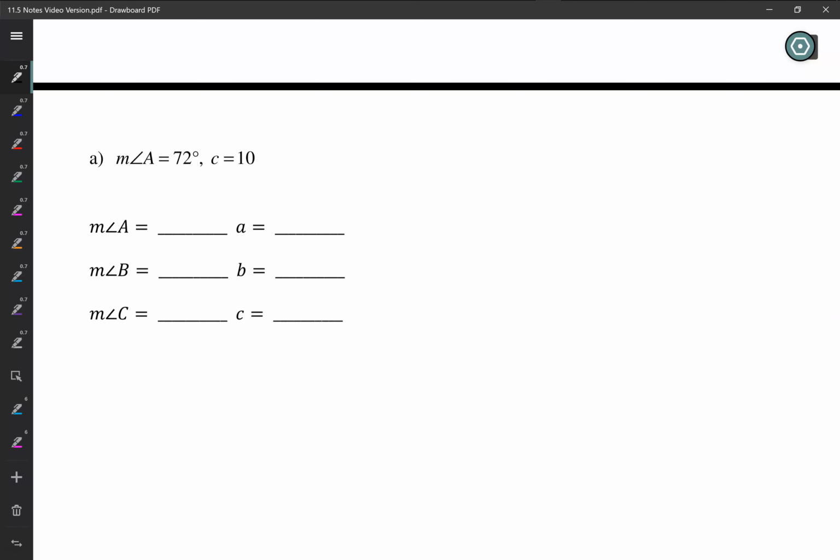It's not really important that it looks perfect, but what does need to be right is your labeling. So I am told that I have a 72 degree angle. So I'm going to draw something that looks like it's about 72 degrees.